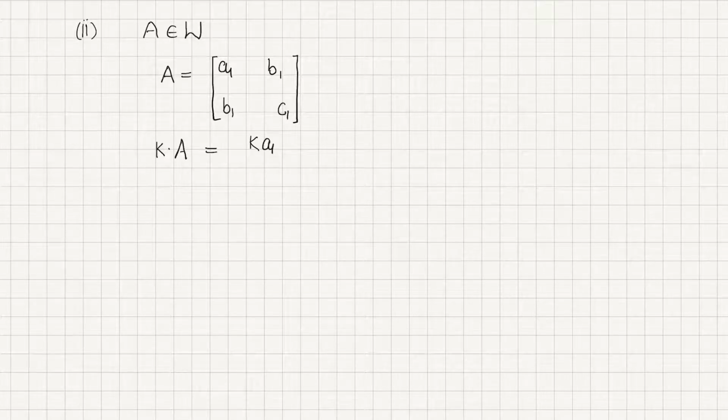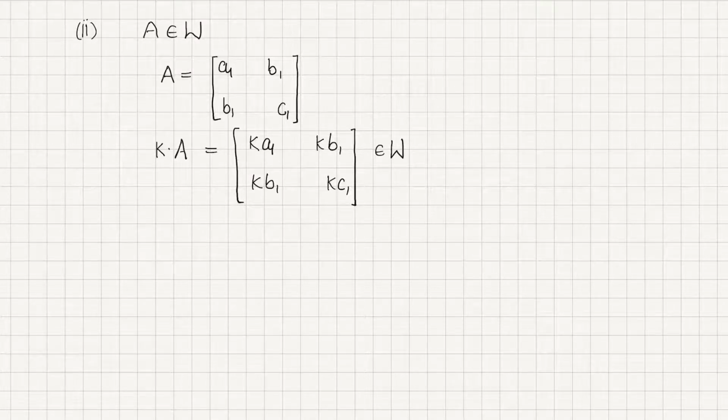Again, you can check very easily that this is also a symmetric matrix, of the form of the matrices mentioned in W. So this is in W, and we can say that W is closed with respect to scalar multiplication. So we can say that this W is a subspace.